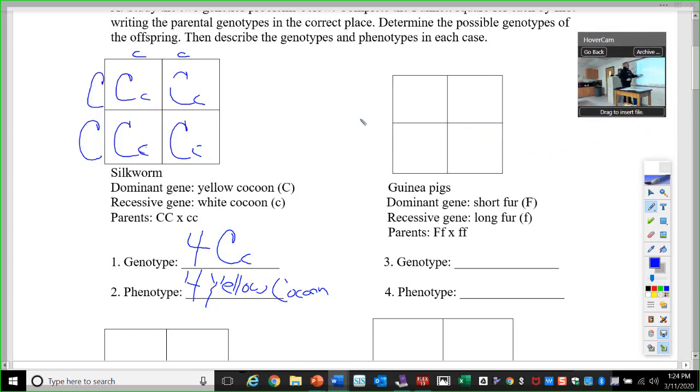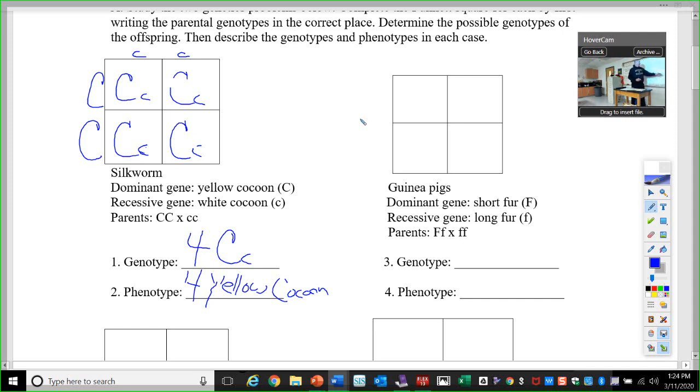All right, now let's take a look over here. What's our trait that we're going to be talking about? Fur color, right? Or fur length. Okay, what's our alleles? Short fur, long fur. Good. Okay, they give us our parents.